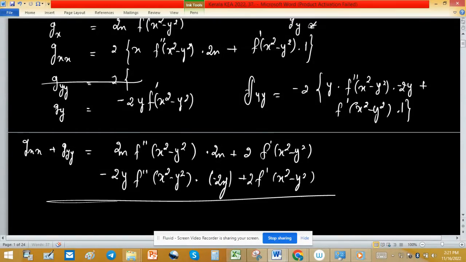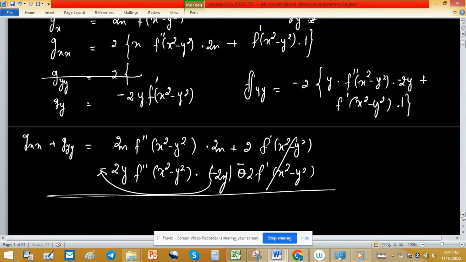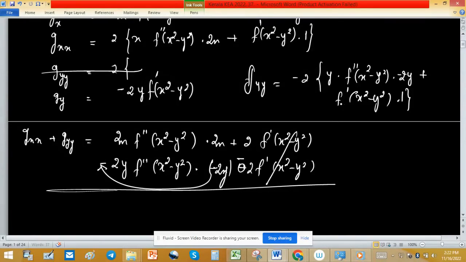From these two, this minus and this minus turn to positive, and what we have, now this is minus, it will cancel out because this will give you a negative sign.